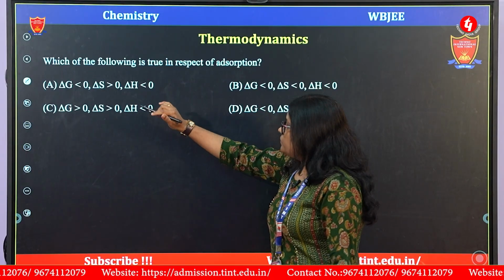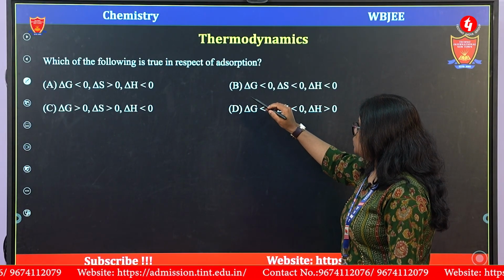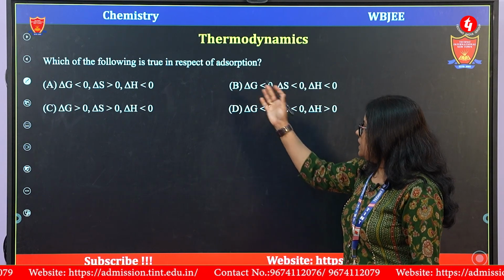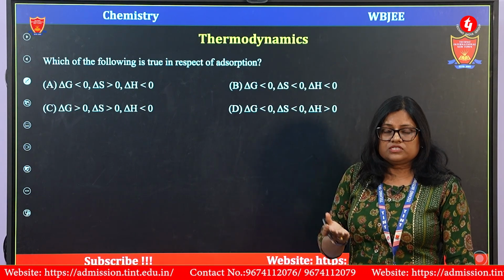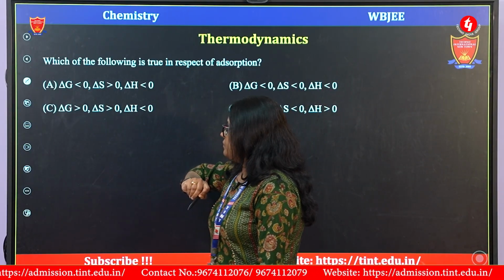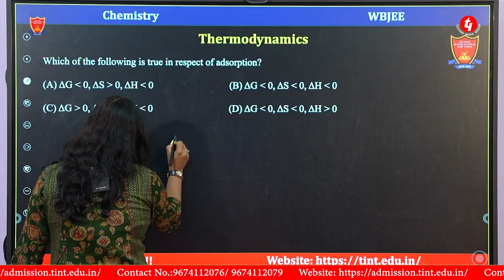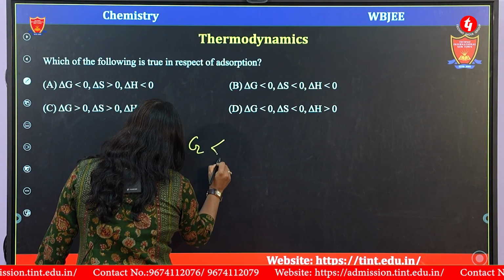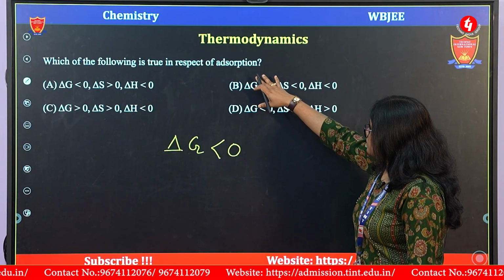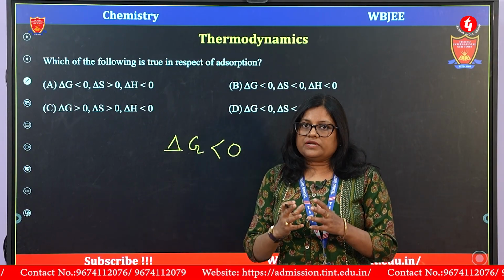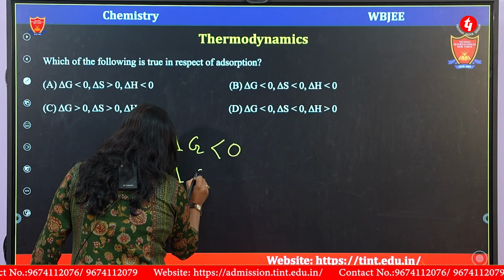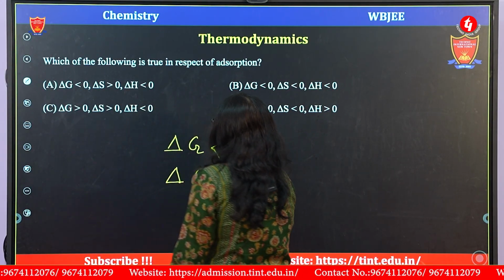Next question, which of the following is true in respect of adsorption? Adsorption is a spontaneous process, so delta G should be negative, delta G is less than 0. After adsorption randomness decreases, so delta S should be negative.